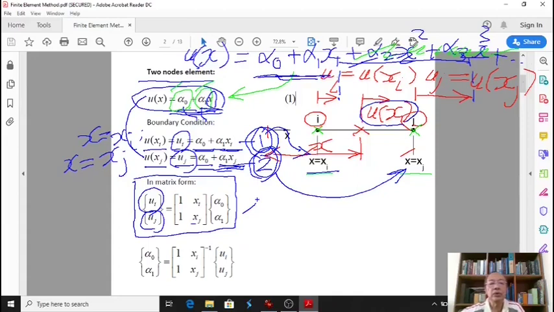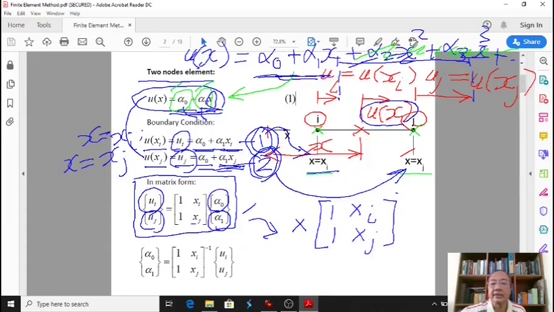We need to solve now for alpha 0 and alpha 1. Once we solve, we multiply all left and right of this equation by the matrix [1 xi; 1 xj] inverse.